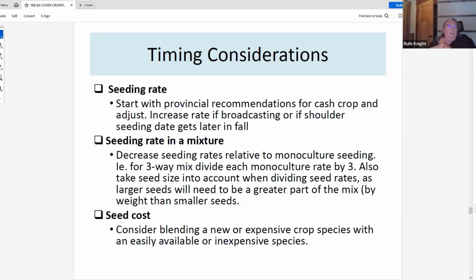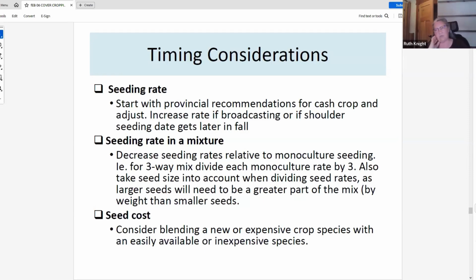And if you're using a mixture, generally, if you have a three-way mix, you divide each monoculture rate by 3, and also take into account the seed size, as larger seeds need to be a greater part of the mix by weight than the smaller seeds.